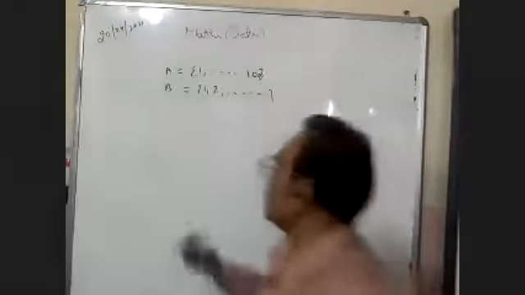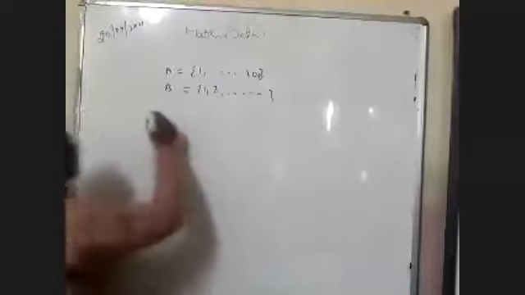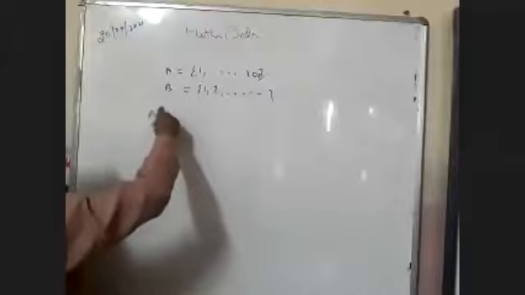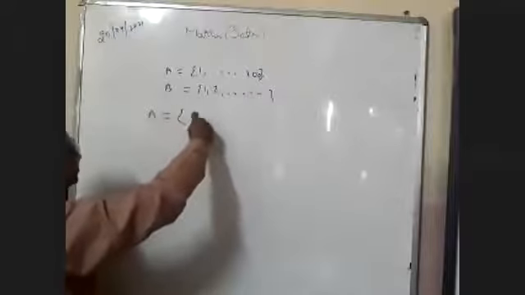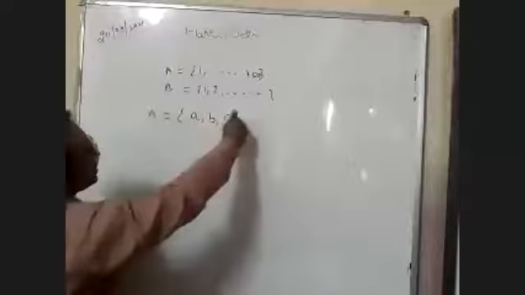Equal set में हम जब भी equal कहते हैं, जब exactly elements same हो. A, B, C I have written here.